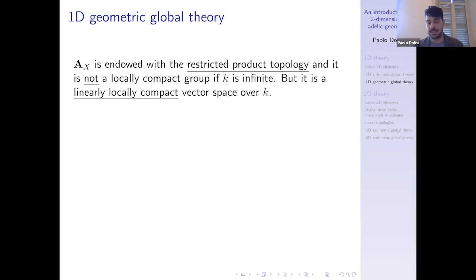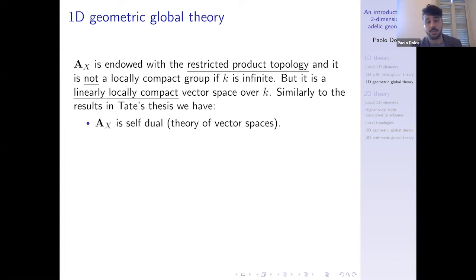And of course, it's linearly locally compact if it contains an open vector subspace which is linearly compact. So this is almost similar to Pontryagin theory of local compactness. So again, similarly to the results that we have in the thesis, now we get the following. The ring of adeles is self-dual, but again, self-dual in the theory of vector spaces.